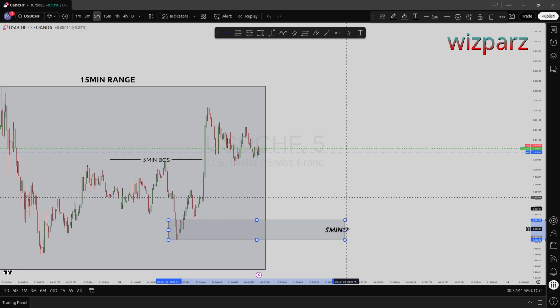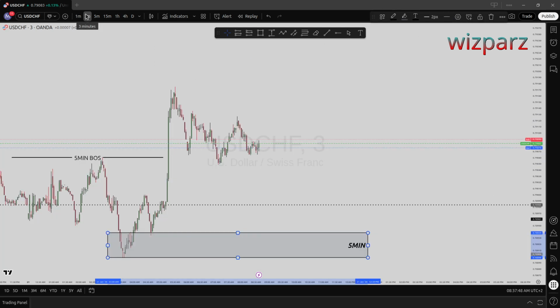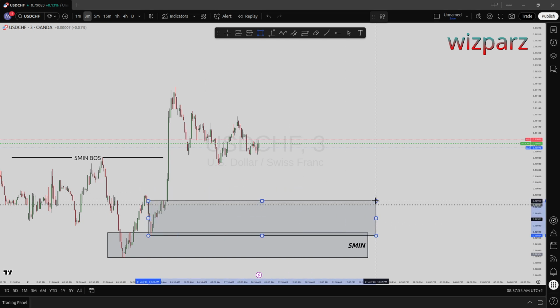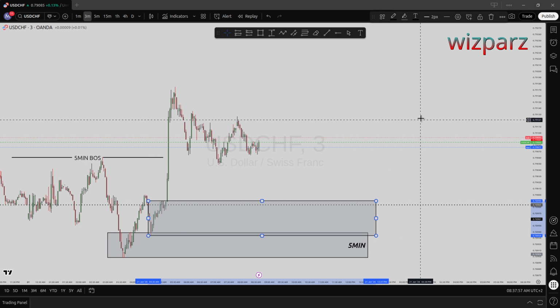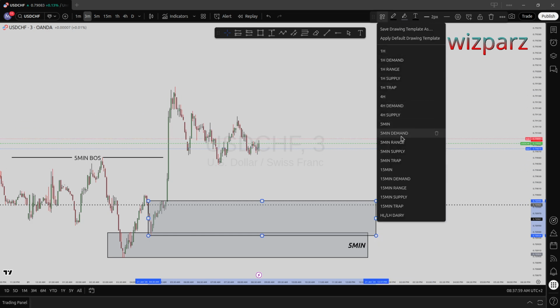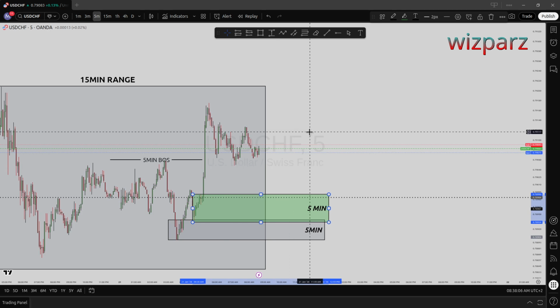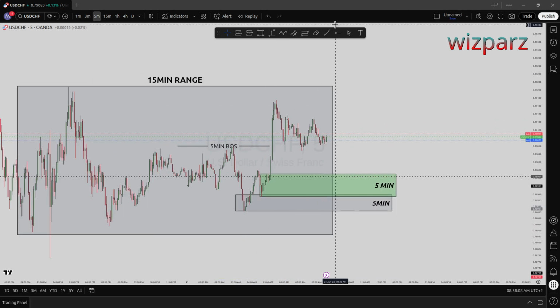From here, wait for price to come back to this area, and we skip to 3 minutes to find another major demand area. As you can see, this is the demand area which is ready for price to break structure, a 5 minute demand. Right now what I'm going to do is wait for price to come back to one of these areas and make a change of character on the 1 minute time frame.